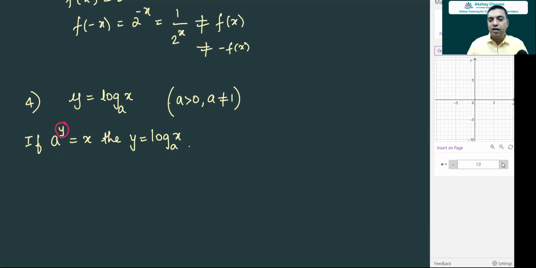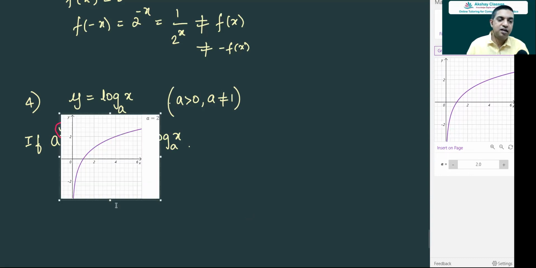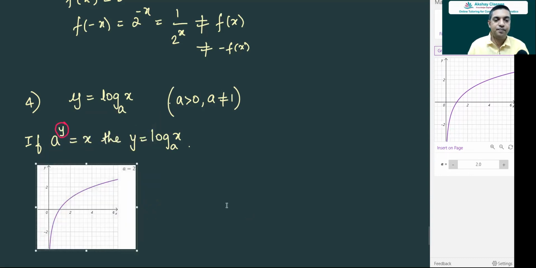Now let us change the values. I will take the same values, a equal to 2 and a equal to 1 by 2. Let us see what happens. So this is the graph for a equal to 2, a greater than 1.